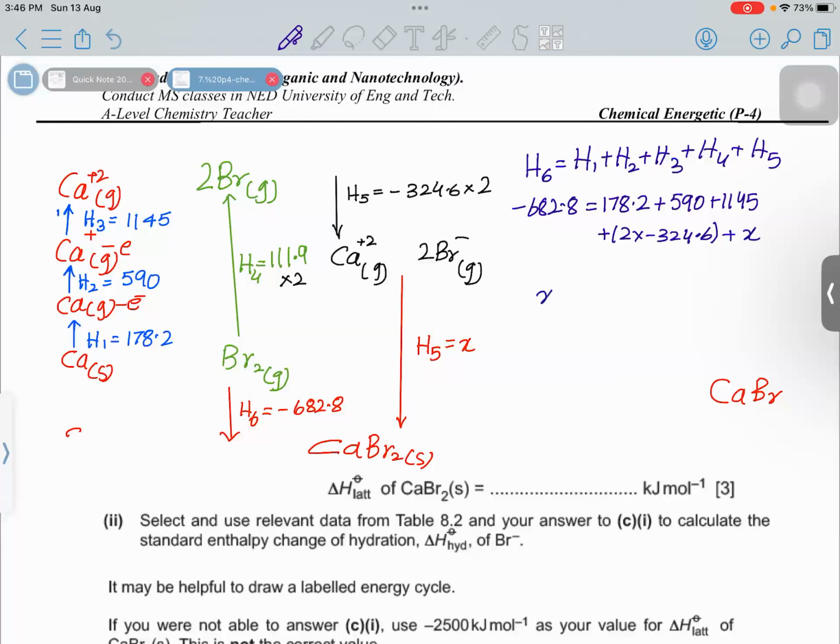H5 is required. Now tell me the value of X. So minus 2170.6 kilojoule per mole. Correct answer.